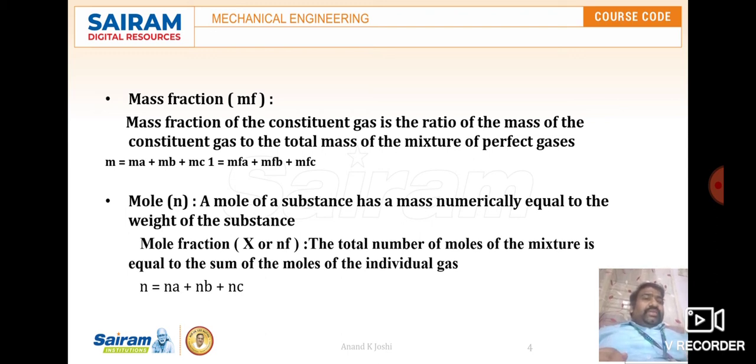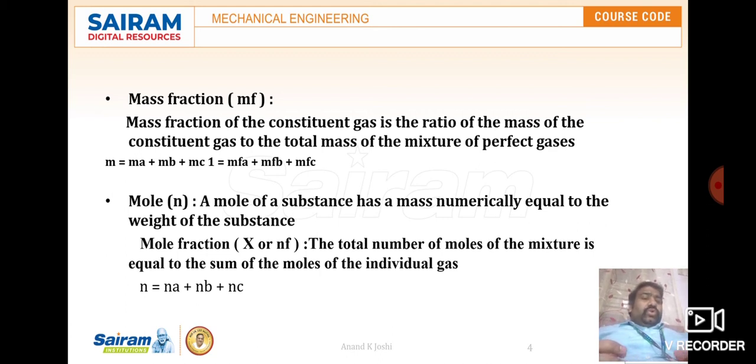Suppose A, B, C are three different gases in a mixture and you calculate each mass fraction. The mass fraction of A plus the mass fraction of B plus the mass fraction of C, when added, should equal 1. Now let us come to what is meant by a mole. You already know that a mole of a substance has a mass numerically equal to the weight of the substance.